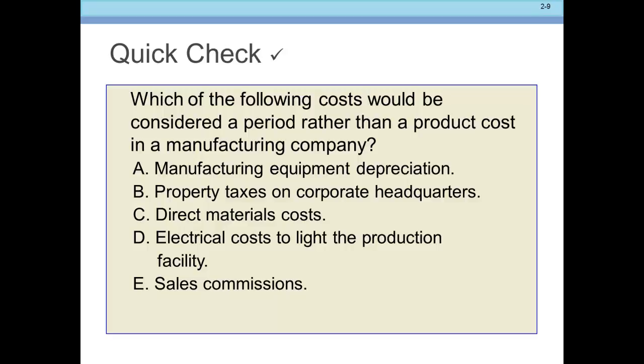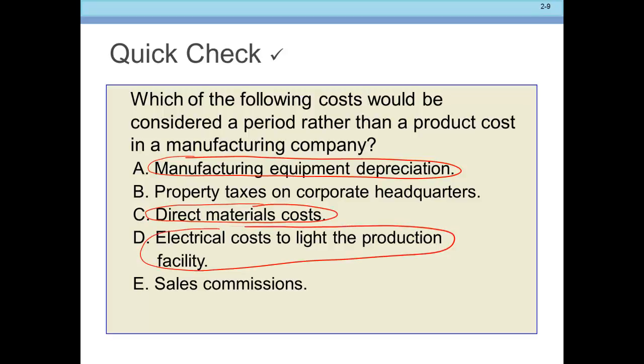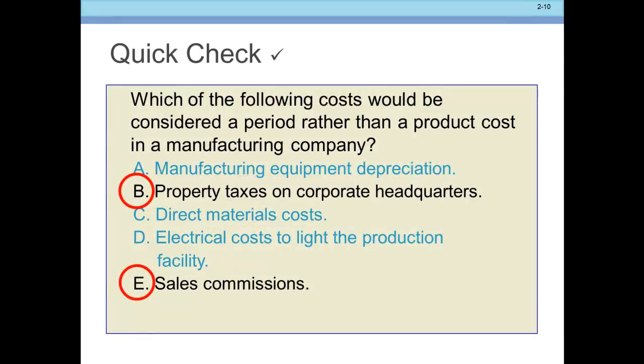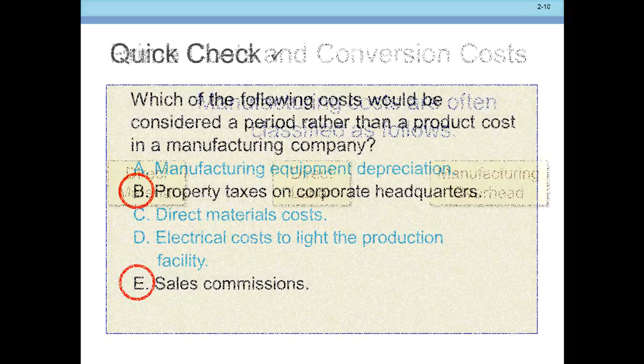So, since manufacturing equipment depreciation, direct materials cost, and electrical costs to light the production facility all relate to production in one way or the other, I'd say those are the production costs. And the property taxes on the corporate headquarters and the sales commissions must be period costs. You are correct. Property taxes on corporate headquarters and sales commissions are both period costs. All the other costs are product costs.